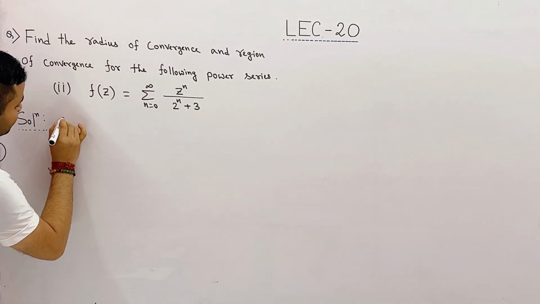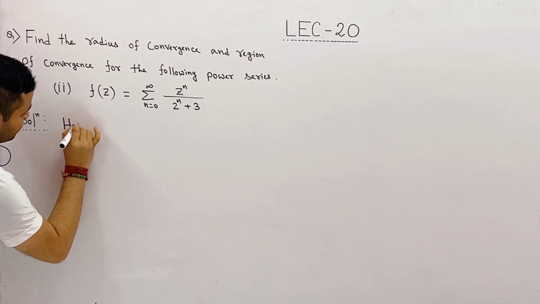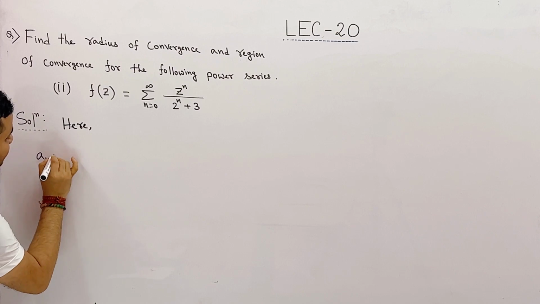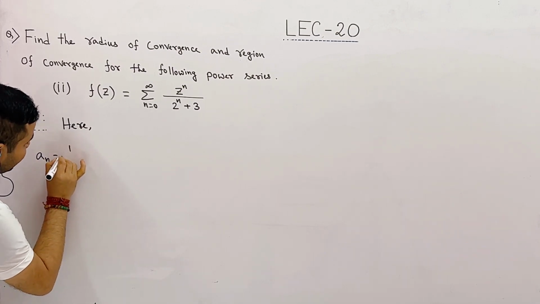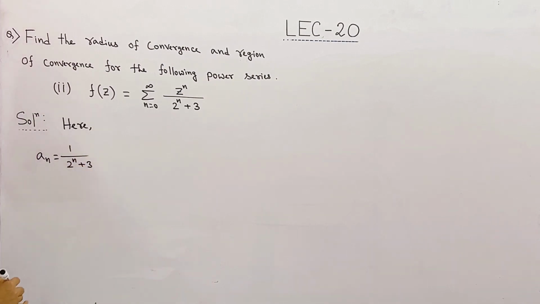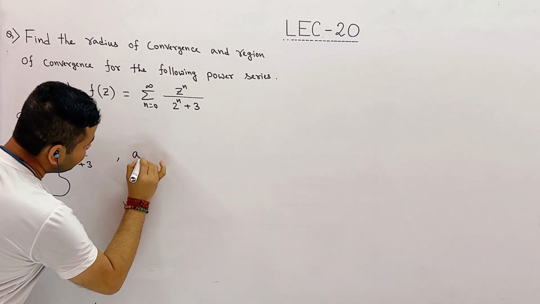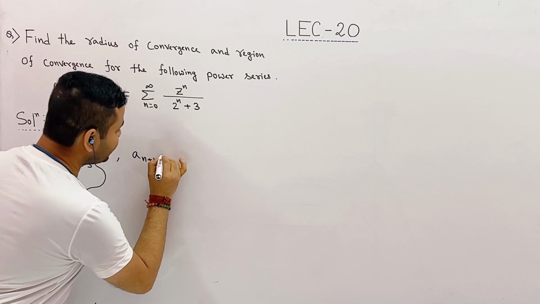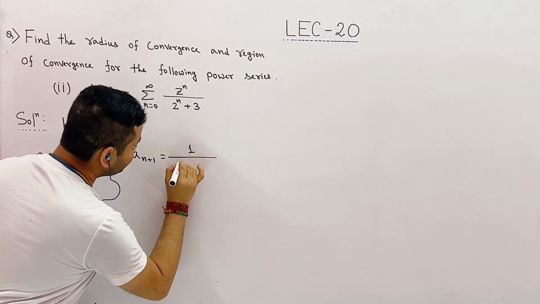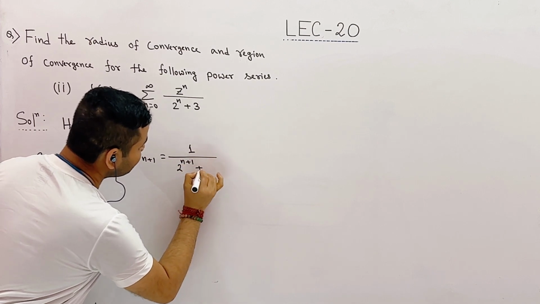So here nth term, that means a n is equal to 1 by 2 to the power n plus 3 and a n plus 1 will be equal to 1 by 2 to the power n plus 1 plus 3.